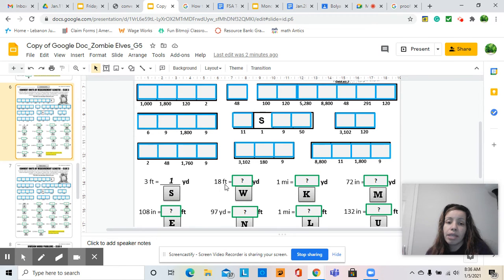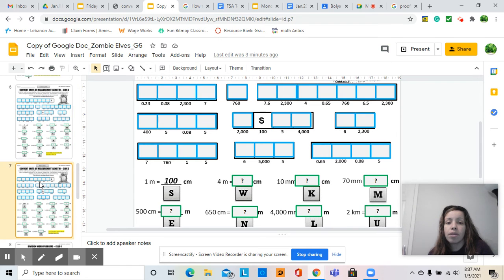So you would do 18 divided by 3 is 6 yards, okay? So you kind of have to use your conversion chart for this one as well and figure out how many yards are in 18 feet. Well, if 1 yard is 3 feet, then obviously it is 18 divided by 3, and then you have it and you break the code.